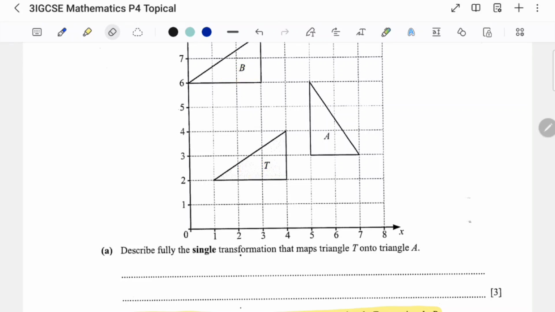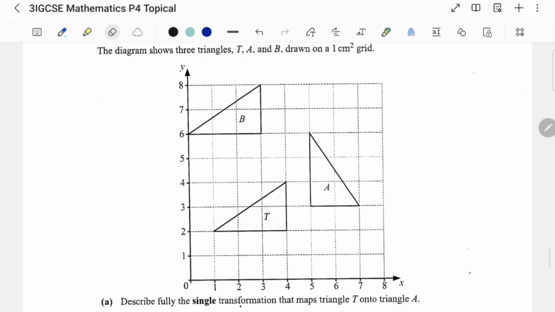We can easily see that it's a translation, because whenever I join the corresponding points, at least 2 points I'll have to join, 1, and then this is 2, and the last one also. So they are a set of parallel lines, and the diagram also didn't flip, so it's a translation.